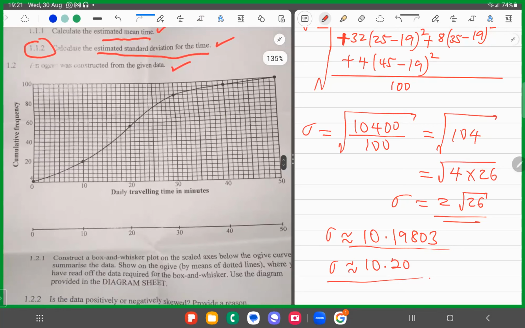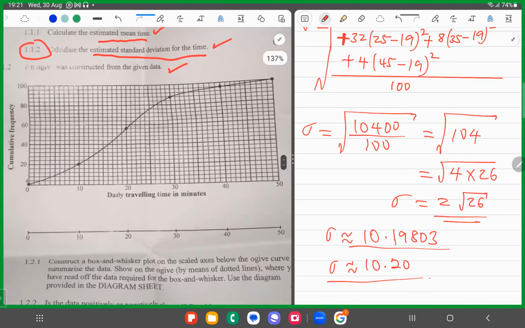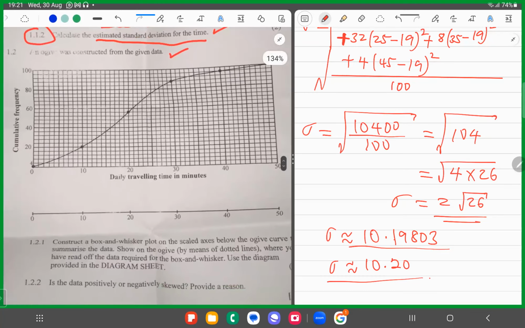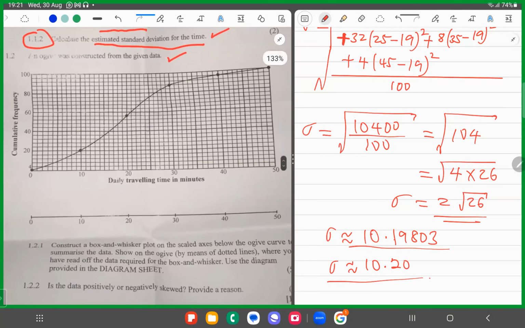Right, so let's continue with this. An Ogive was constructed from the given data, and this is the Ogive. They've already done it for us, so we are happy.